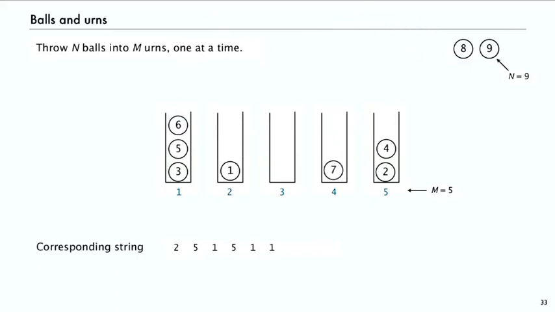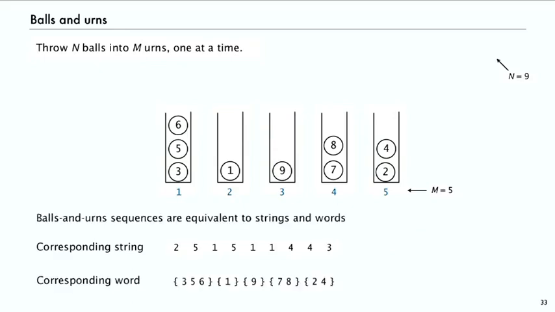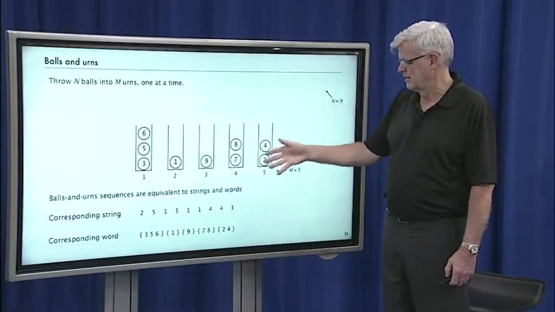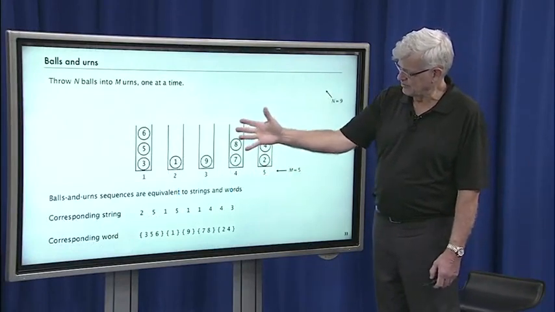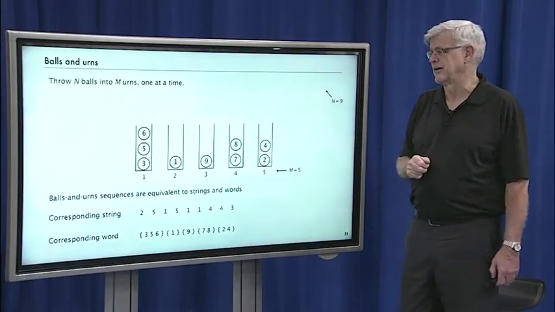So this balls and urn sequence simply corresponds to strings. And we don't care about the order in which the balls are in the urns. They're sets of indices. So balls and urn sequences are equivalent to both strings and words, and so sometimes we use that model for describing these objects. But it's more like words in terms of its sequence of sets of objects.